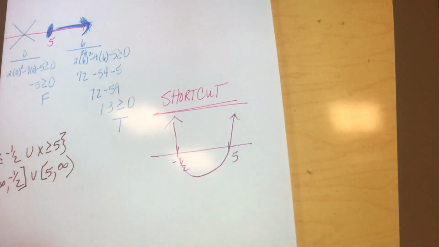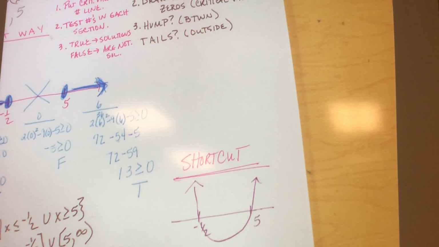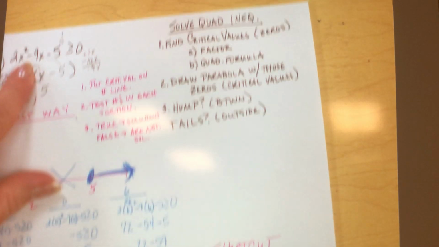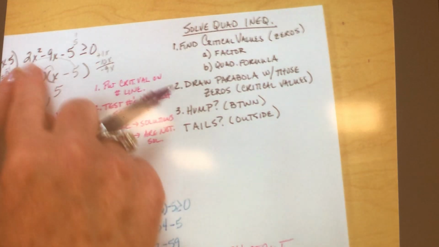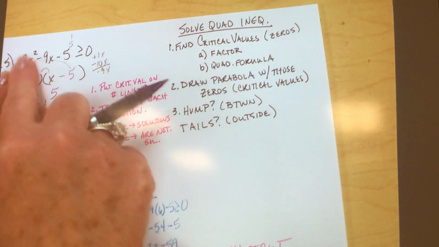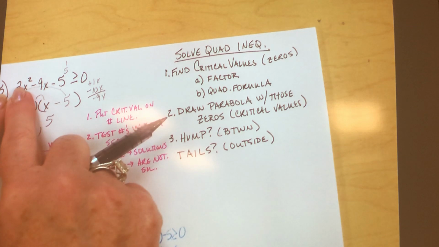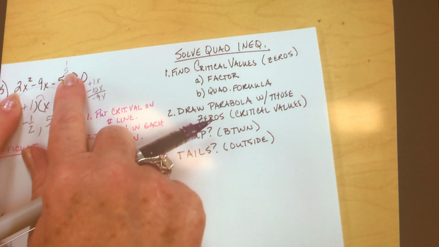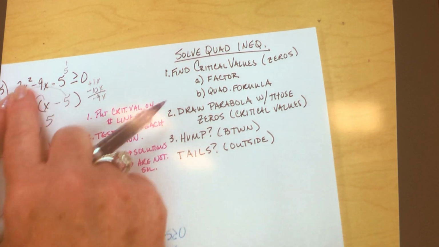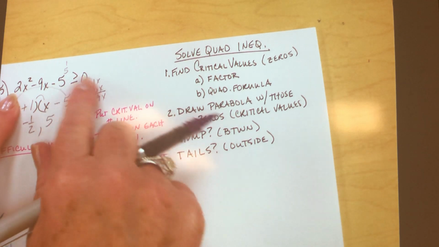Okay? He opens up. Now watch this. This is what I'm talking about. Are you listening to me? Okay. So now you're going to go back up here and you're going to read this statement. What does this right here represent? My parabola. Doesn't that represent my parabola? Yes. So I want the parabola that is greater than or equal to 0.